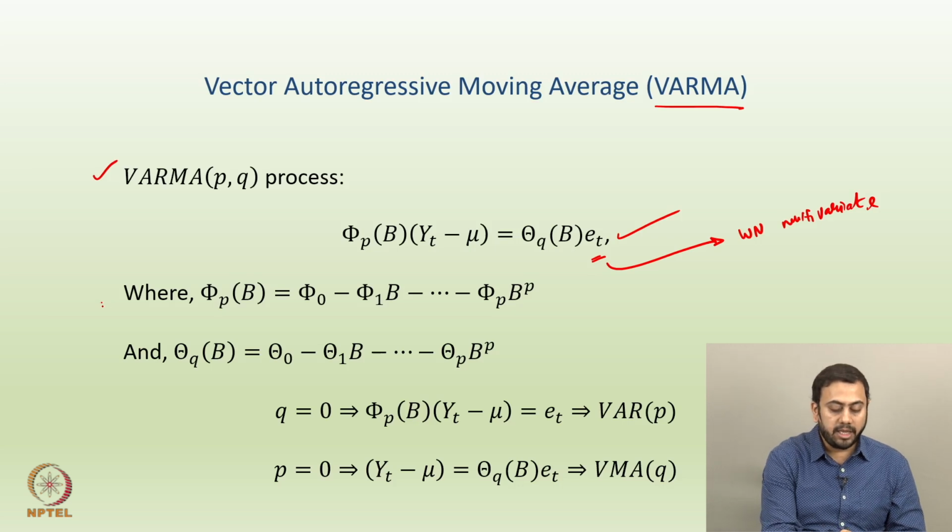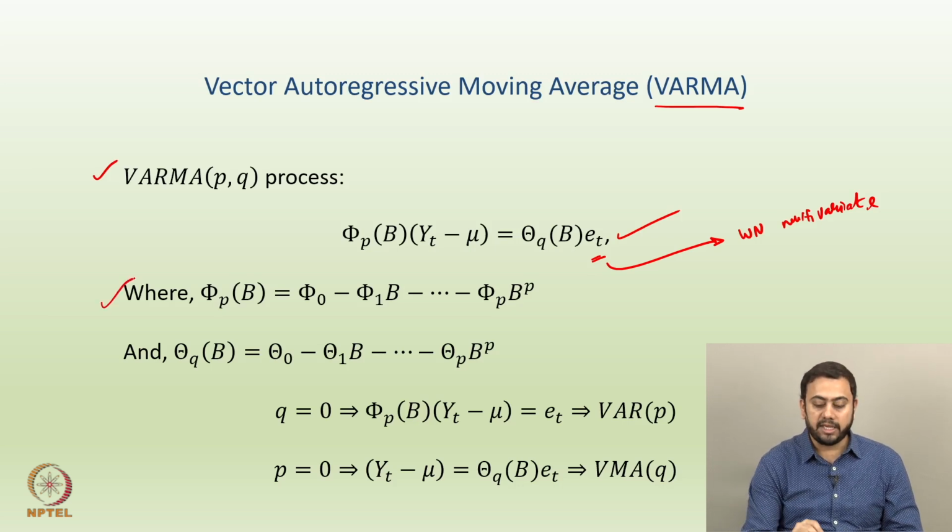The φ_p(B) coefficient is nothing but φ_0 minus φ_1 B minus so on up to φ_p B to the power p, and similarly the θ_q(B) coefficient is θ_0 minus θ_1 B minus so on and so forth up to θ_q B to the power q. The only difference is that all these coefficients, φ_0, φ_1, φ_p, or θ_0, θ_1, θ_q, are matrices, and not single constants.